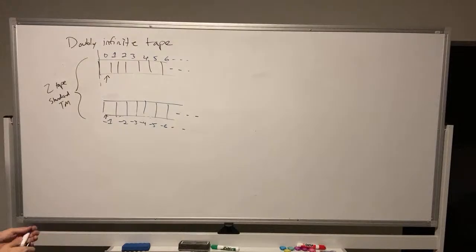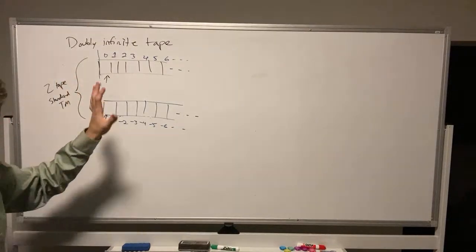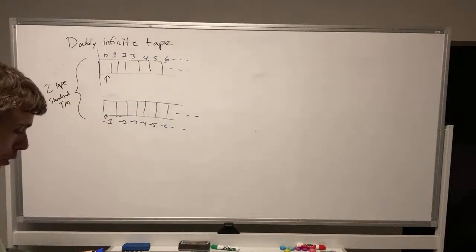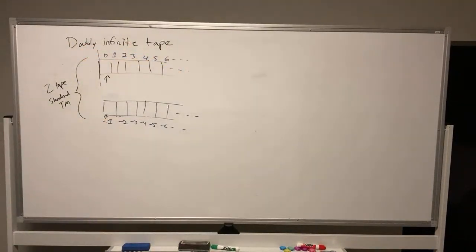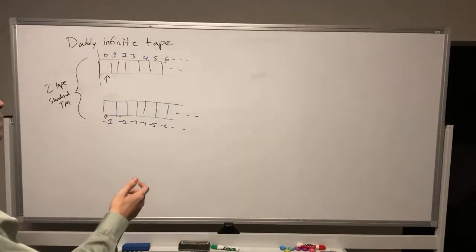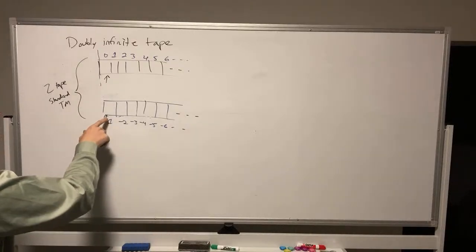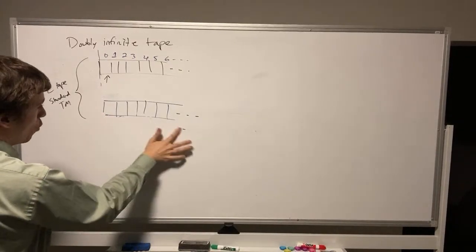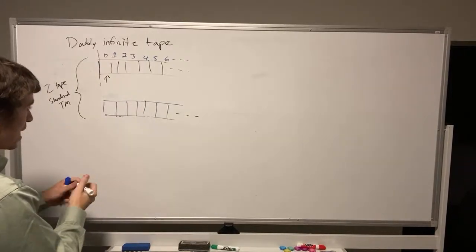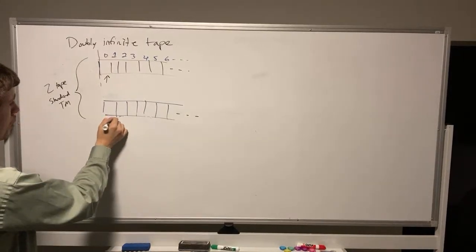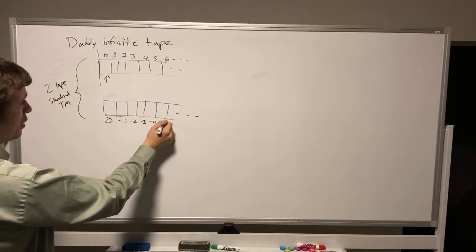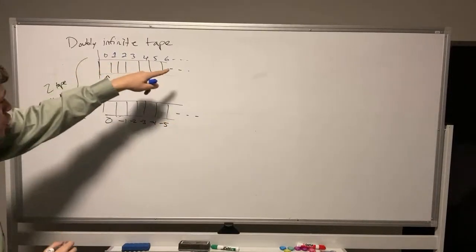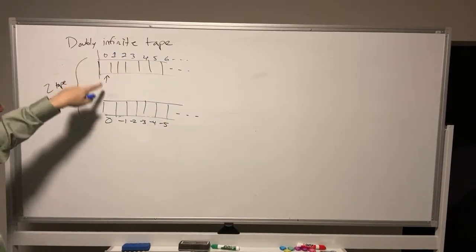There are other ways you can do this. You can also treat these as two different stacks. It actually looks like two stacks. What you would do is represent this not by -1, -2, etc., but by 0, -1, -2, -3, -4, etc., and these two cells would be identical.